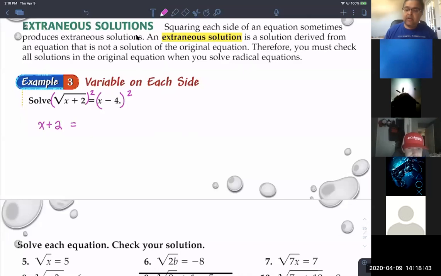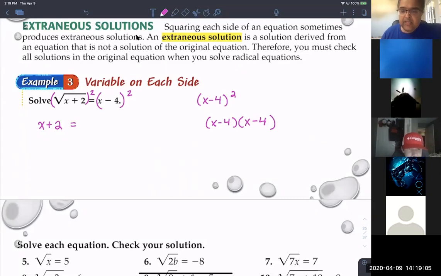Now, when you square a binomial, how do you square this? Well, when you square something, you're multiplying it by itself.